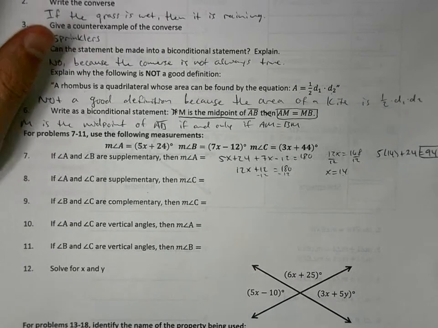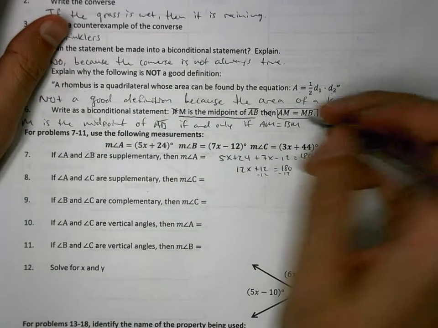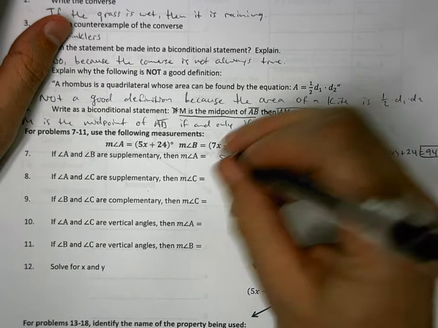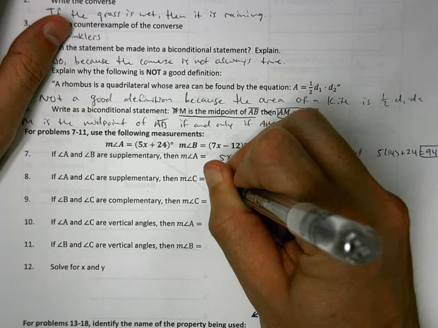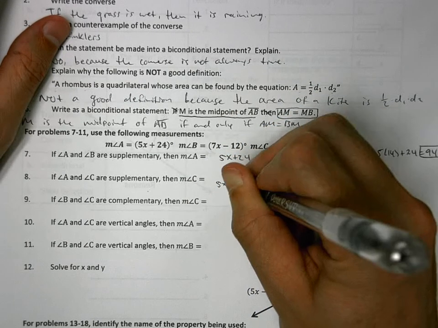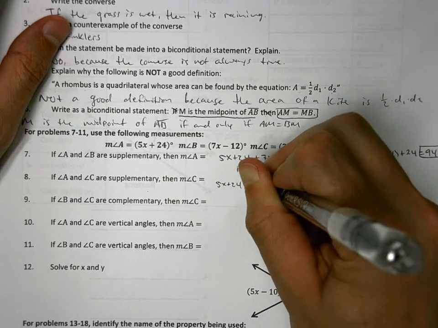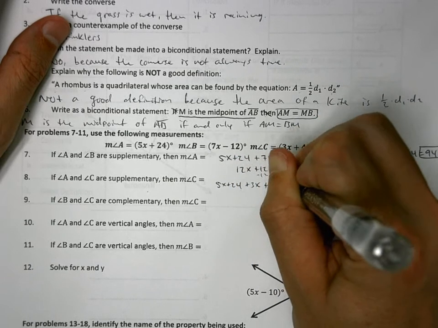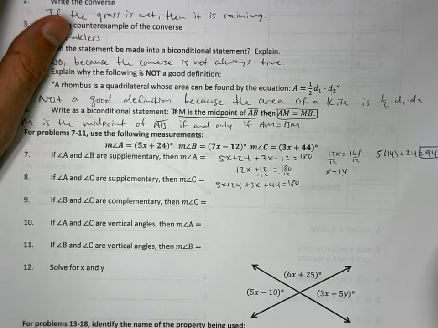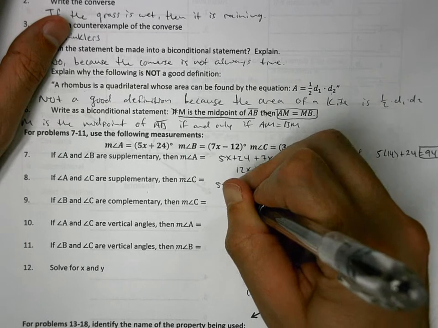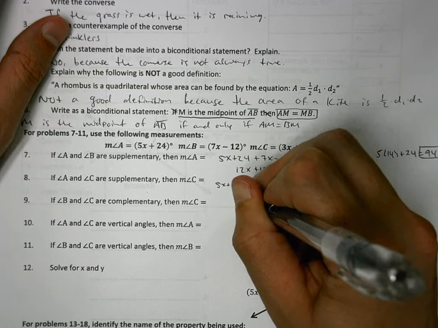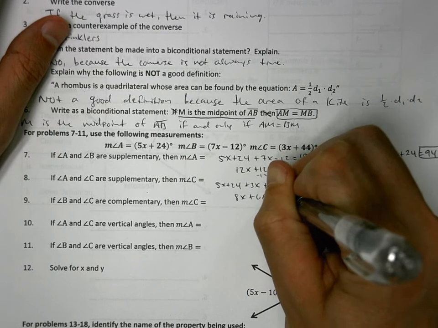For number 8, same setup. A and B are supplementary. A and C are supplementary. So therefore, 5x plus 24 plus 3x plus 44 equals 180. Combine like terms to get 8x plus 68 equals 180.